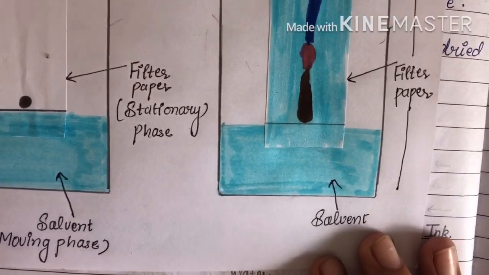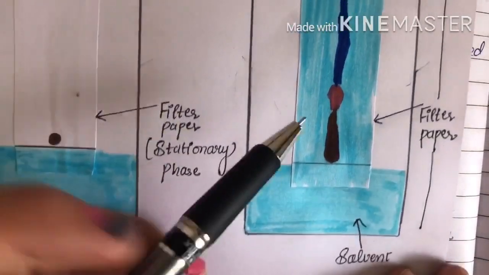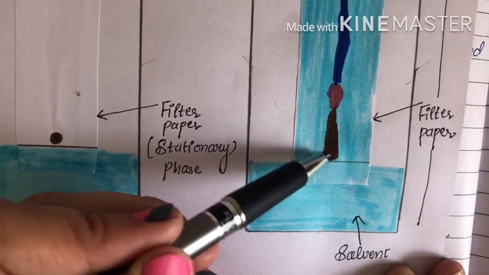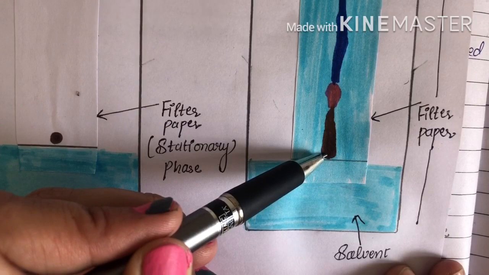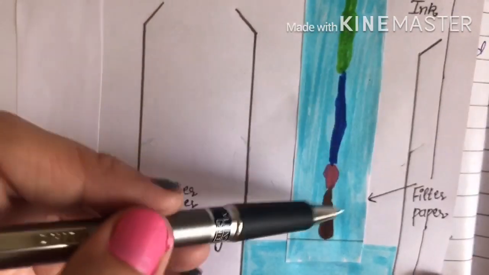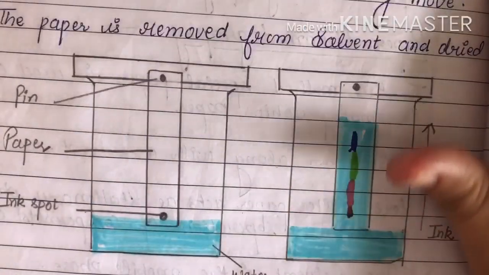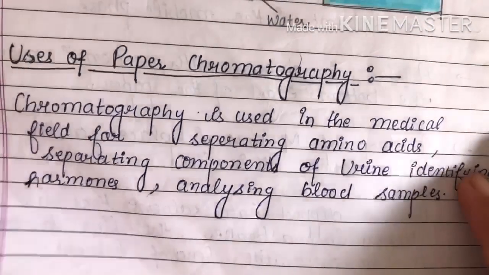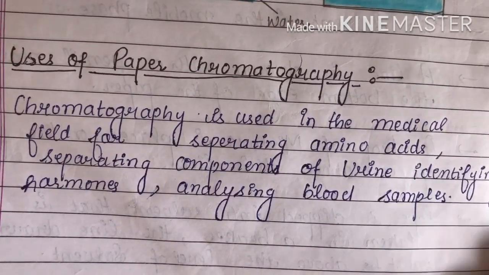After some time, the colored mixture rises with the solvent and different layers appear here. After this, you dry that paper. So this is the paper chromatography technique.